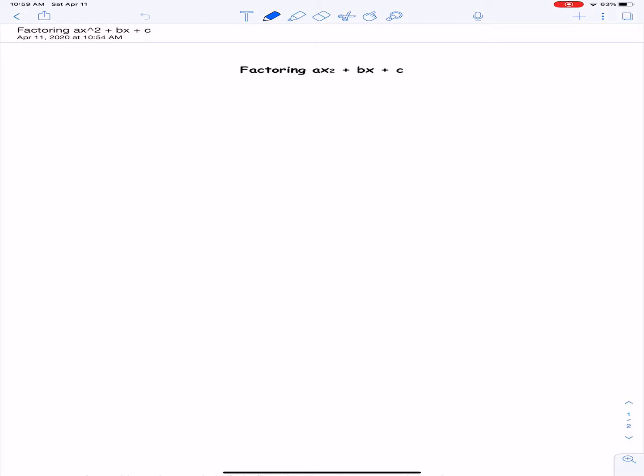So what we're going to do is begin with the equation 3x squared plus 8x plus 4, and we're going to factor this. But before we factor that, we need to know a little bit about trinomials or polynomials.